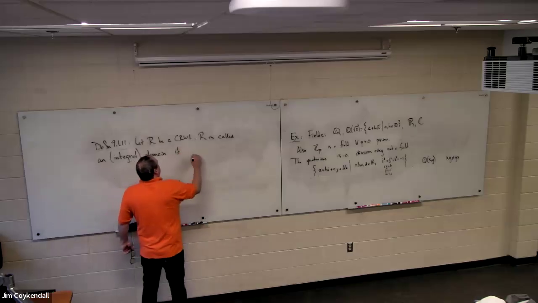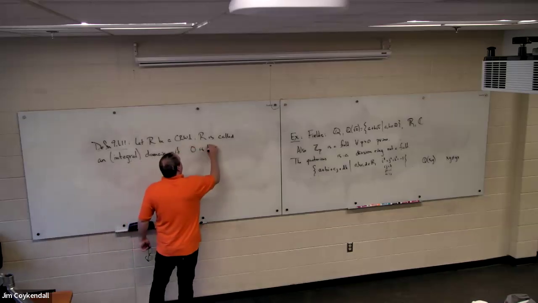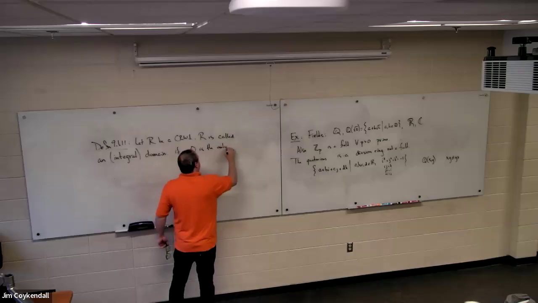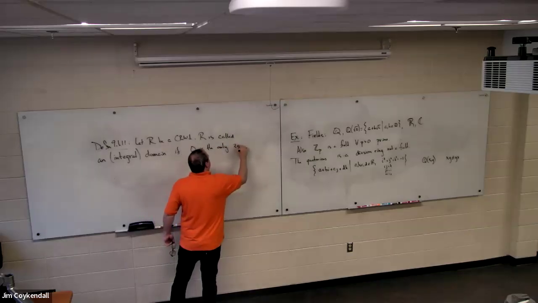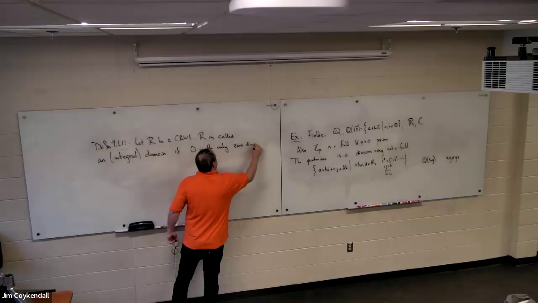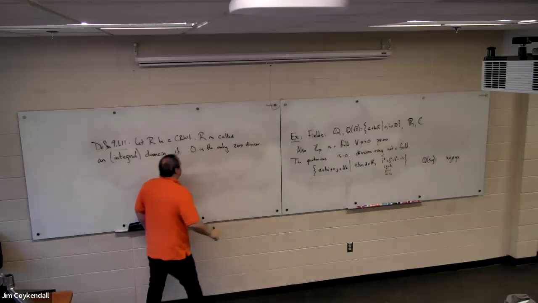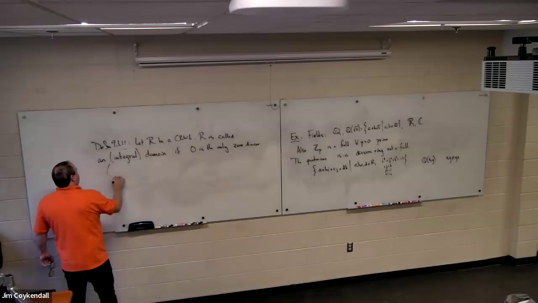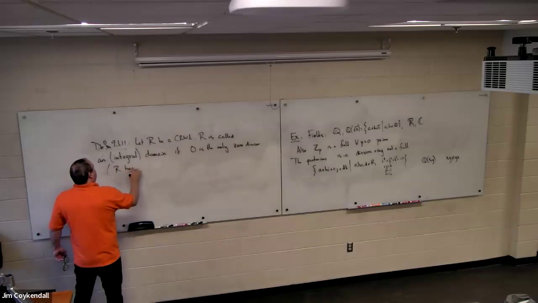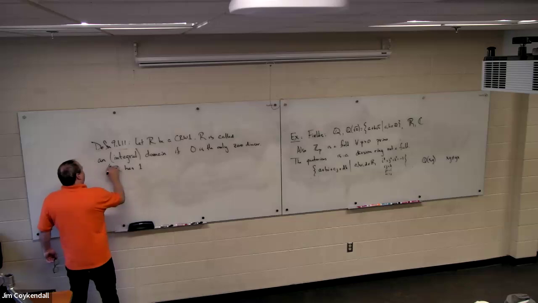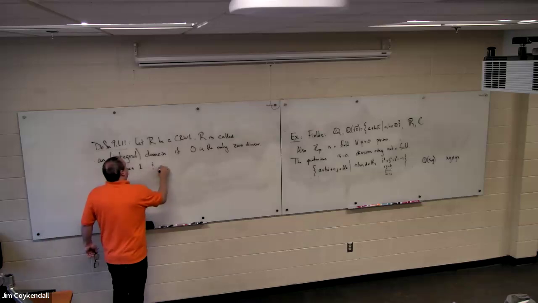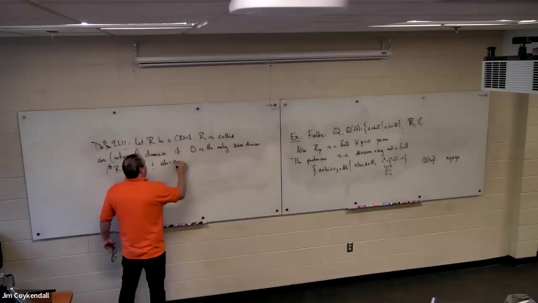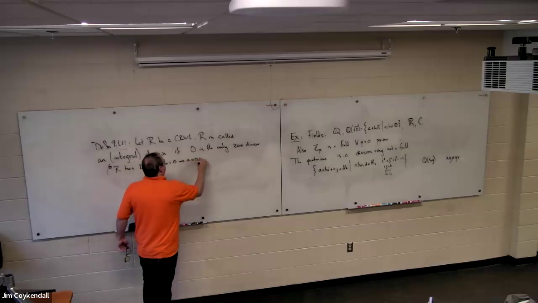R is an integral domain if zero is the only zero divisor. So in other words, what it means to be an integral domain is R has one, it's got an identity, and ab equals 0 implies a equals 0 or b equals 0.